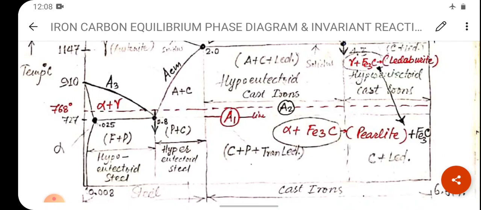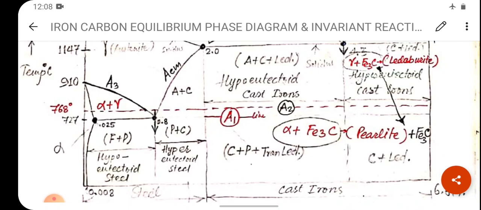It is further classified into hypoeutectoid steel and hypereutectoid steel. If the percentage of carbon is 0.8%, from 0.008 to 0.8%, it will give you hypoeutectoid steel, and after that 0.8 to 2%, it will give you hypereutectoid steel.